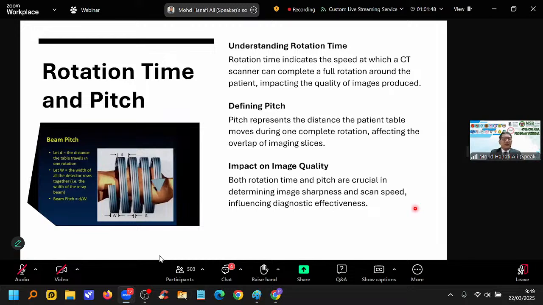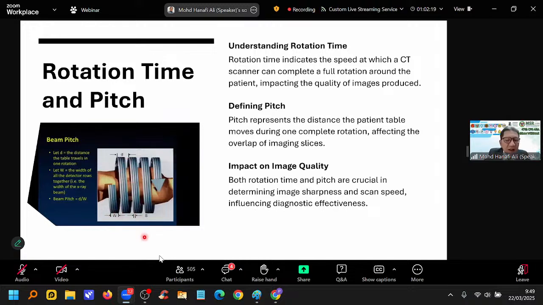But the one that we normally use is the table motion. Okay, here we can see that we call it W here, as the collimation width, and D is the distance traveled, and you see that D is more than the W that we have here.